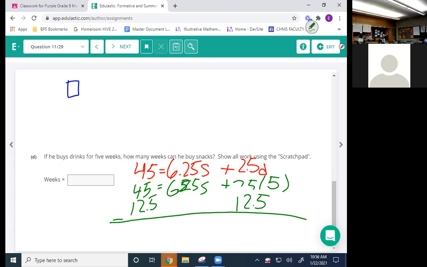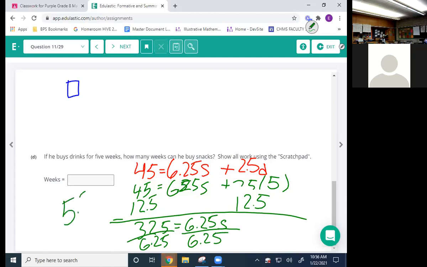So you would get 45 minus 12.5 is 32.5, which is equal to 6.25 S, divided by 6.25 on each side. I still get 5.2.